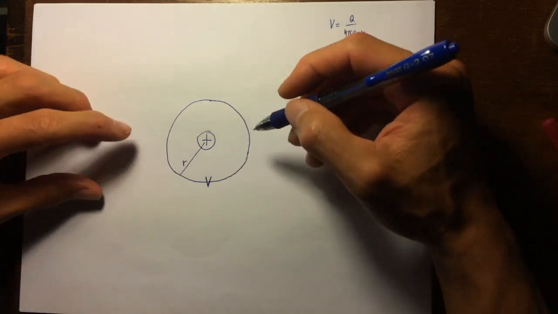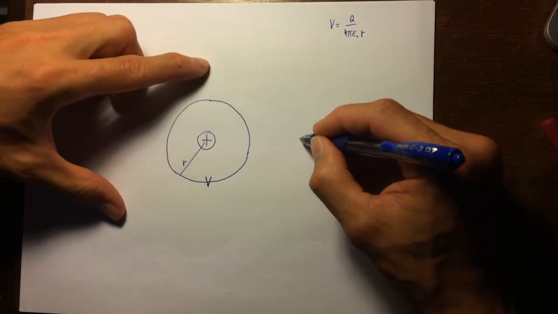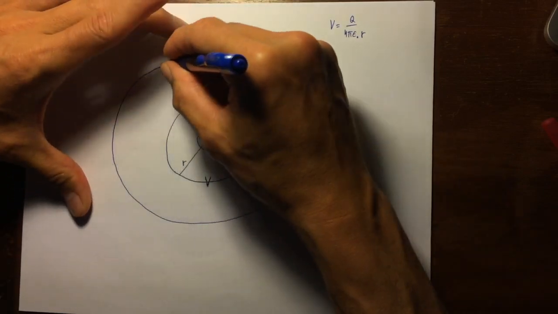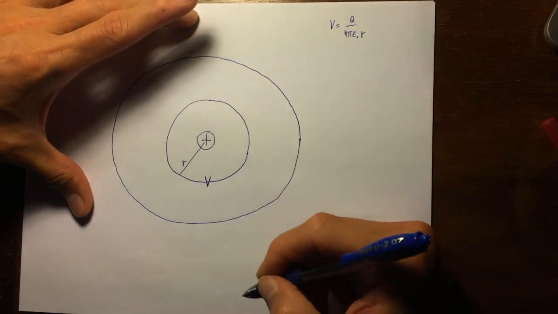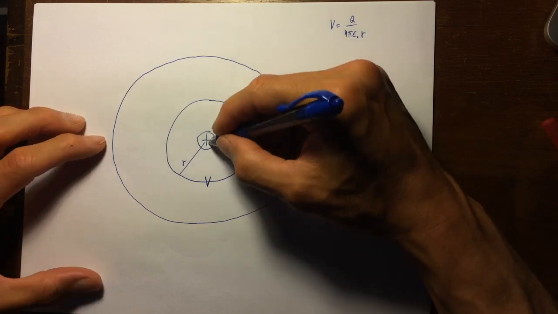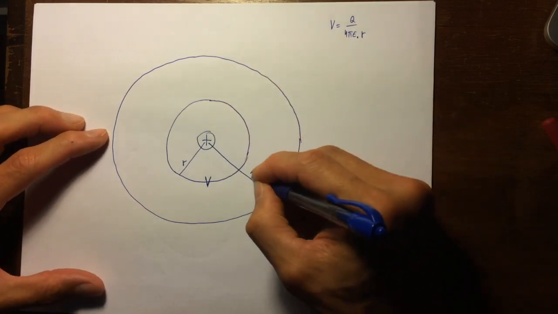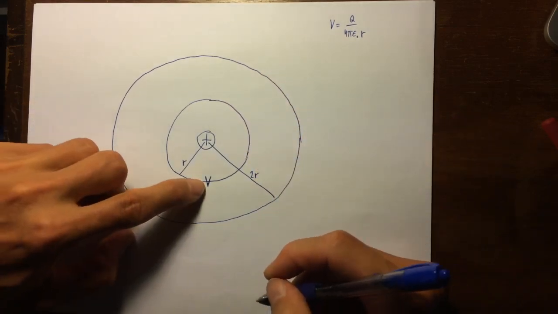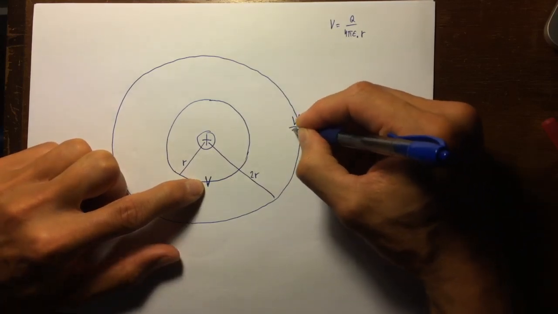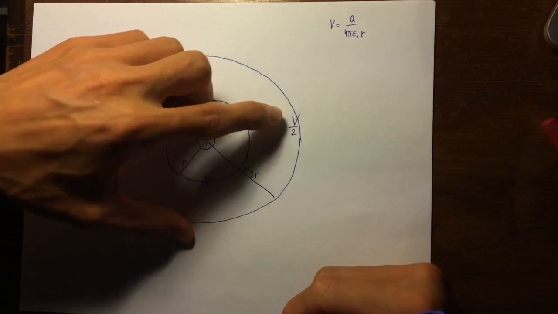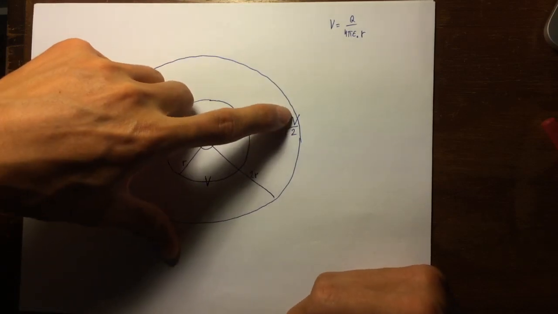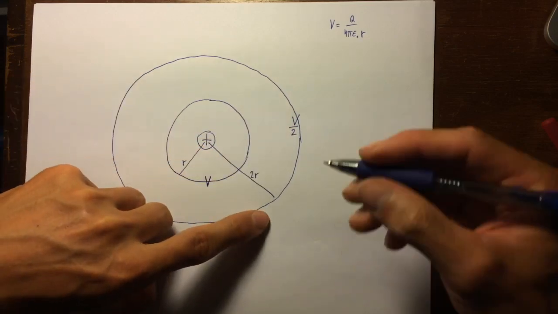If I imagine a surface at twice R, then that surface is also a sphere, which looks like a circle when I draw it in two dimensions. And this thing has radius 2r, and the potential at this equipotential surface is V over 2. And the reason, if this is called V, then this will be half as much, V over 2 at twice the radius, right?